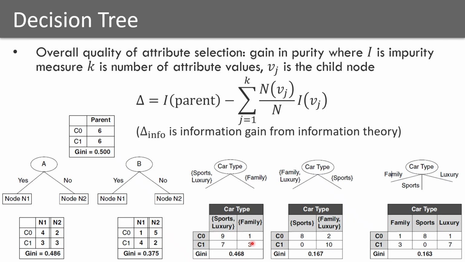It's still not ideal. If we isolate the sports cars, and we put together the family and luxury cars, then we can see that the Gini index is much smaller, so the purity gain will be much higher for this type of children definition.